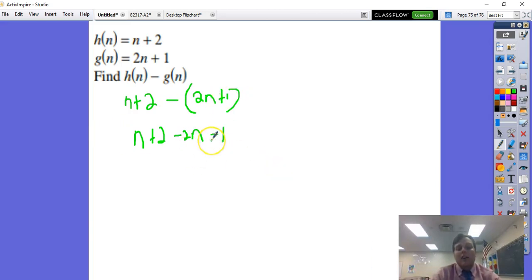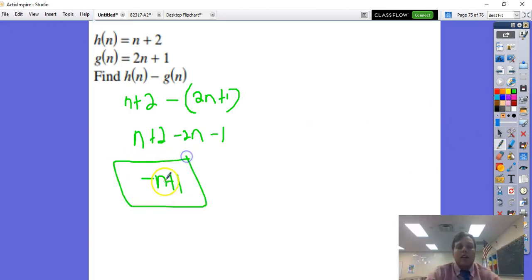Now I want to put like terms together. Again, I start off looking for n with the highest power. That's just n to the first power here and here, and I put those together first. So n to the first minus 2n to the first becomes negative n. And then positive 2 minus 1 becomes plus 1. And there we go. That's as far as we can go because n and 1 are not like terms, so I cannot go any farther. Alright, next question.